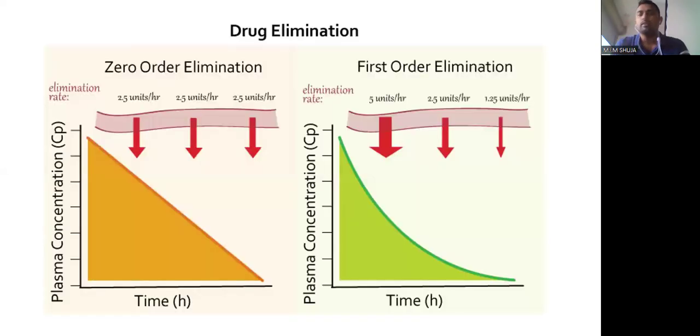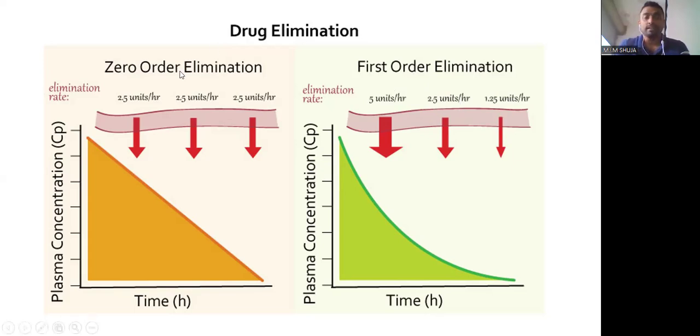You should know the difference between zero and first order kinetics. Here, in the first hour 5 units per hour, then the second hour 2.5, so 50% of this. And the third hour 1.25, again 50%. The equal fraction is eliminated, not the equal amount.